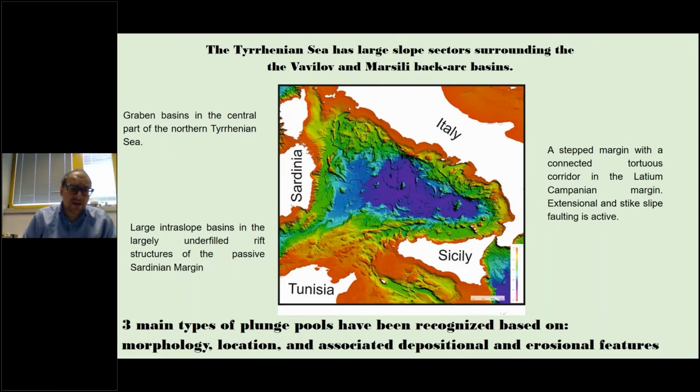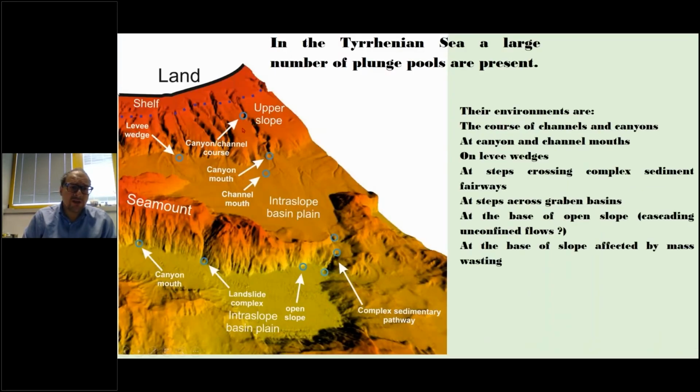So in the Tyrrhenian Sea, the plunge pools are found along canyon course at the canyon mouth, channel mouth, and levee wedge. They are also found along step in extensional graben basin.